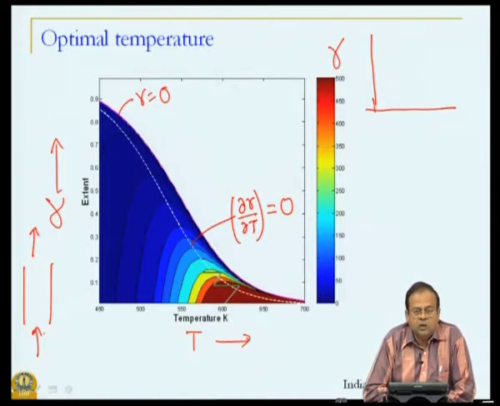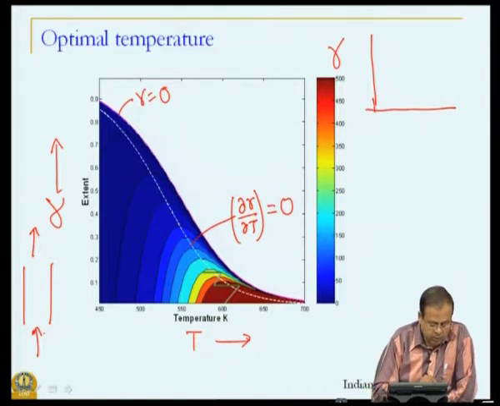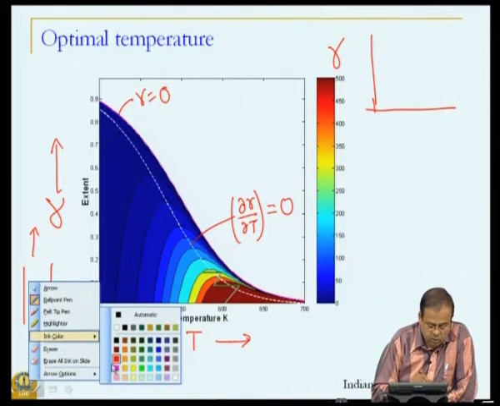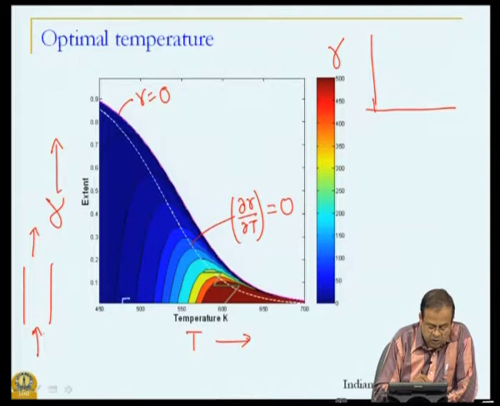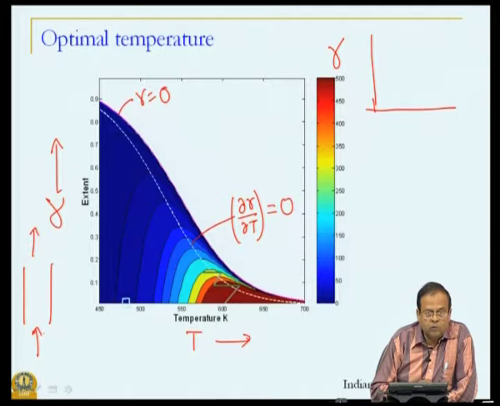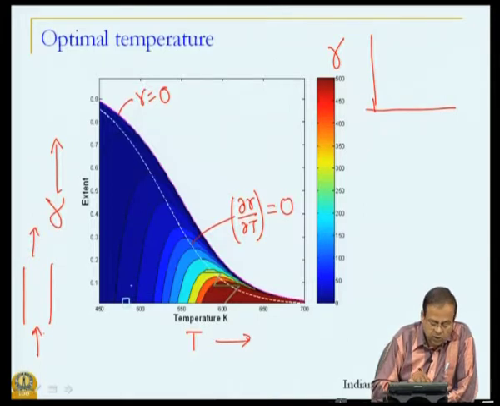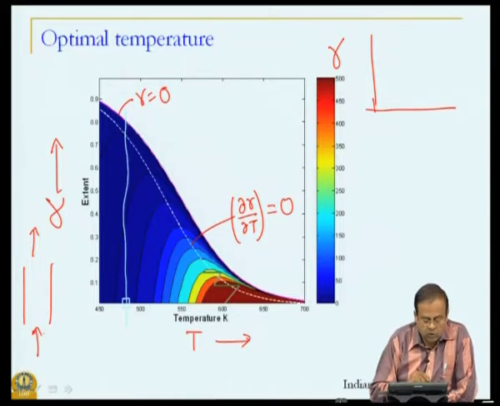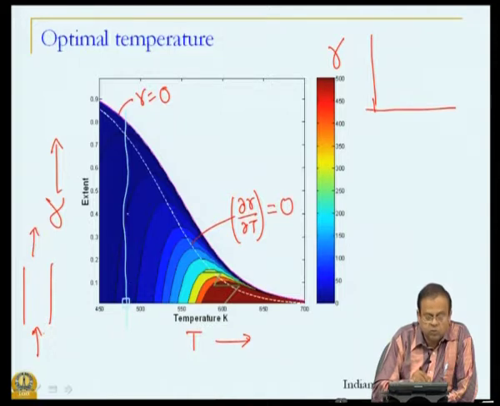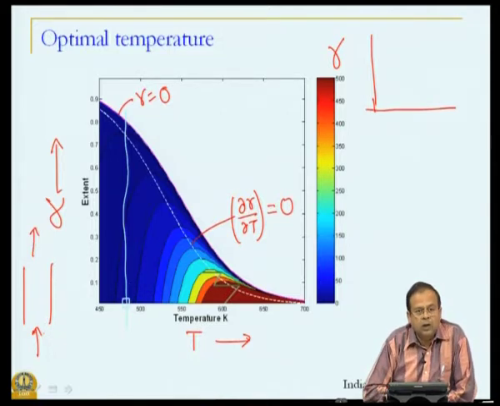So, what we are saying, for isothermal reactor, temperature is fixed. So, if temperature is fixed, let us say I fix that temperature value over here at this particular value. So, if temperature value is fixed, that means I am looking at a vertical operation which will progress along this vertical line, because my temperature is fixed.